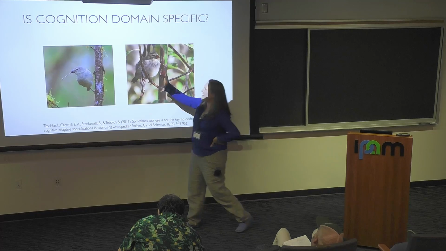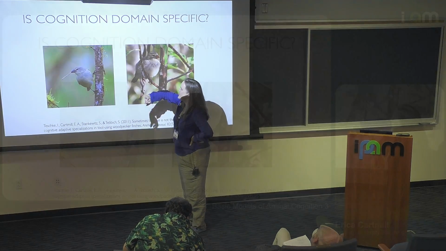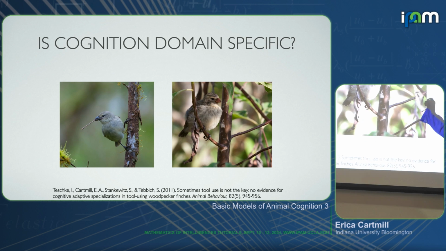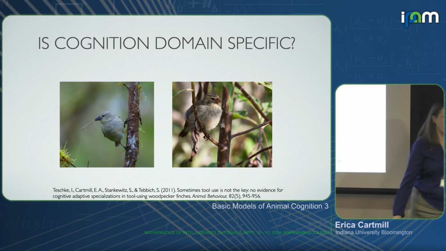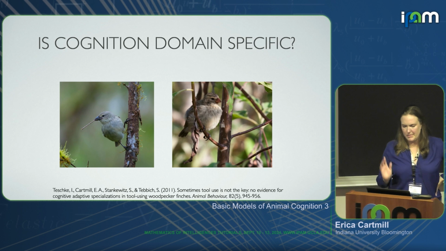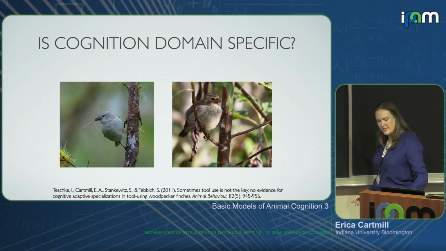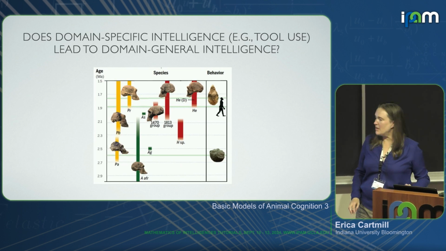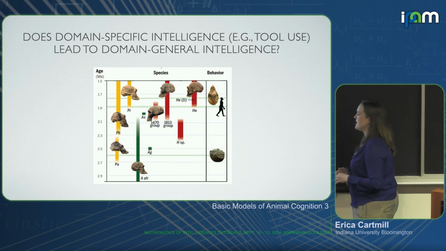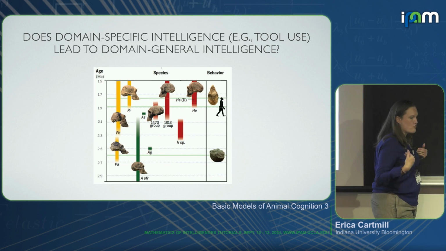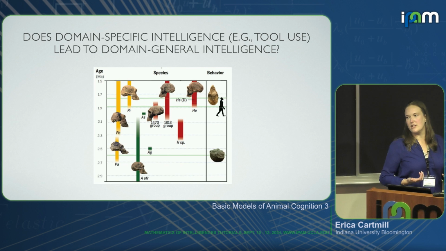So we were comparing woodpecker finches here on the left, who are tool-using birds, and small tree finches here on the right, who are closely related but do not use tools. This is an interesting question because tool use, in particular, has been proposed as a driver of human cognitive evolution, right?